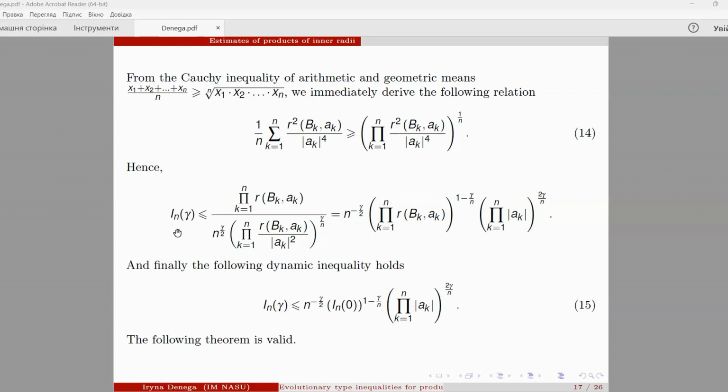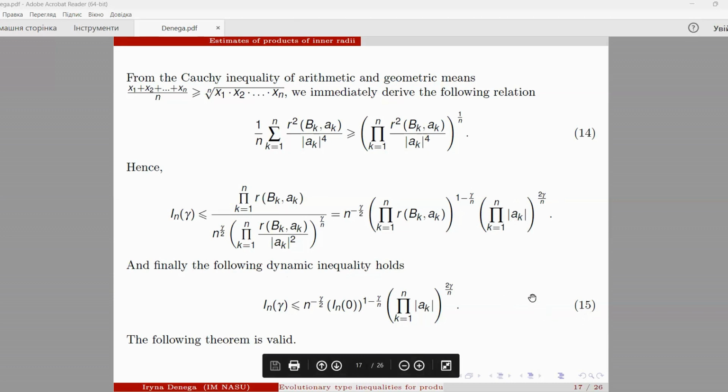And we obtain that our functional In of gamma is less than or equal to n to the minus gamma over 2 times the product of r(B_k, a_k) to the 1 minus gamma over n, and the product of modulus a_k to the 2 gamma over n. And finally, we get that the dynamic inequality 15 holds.